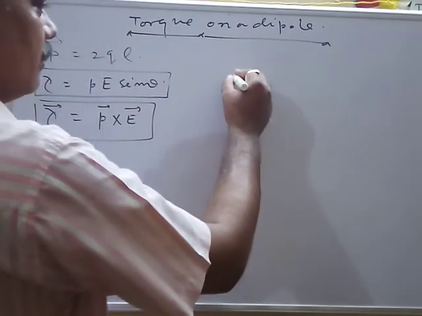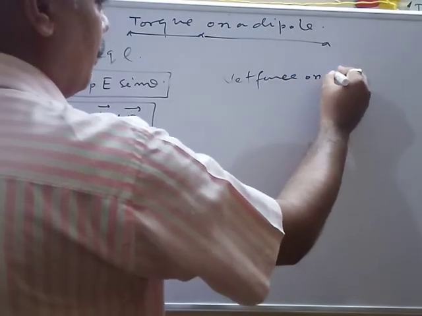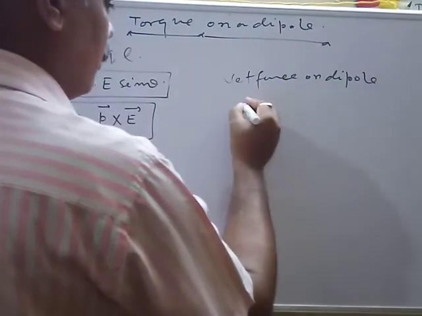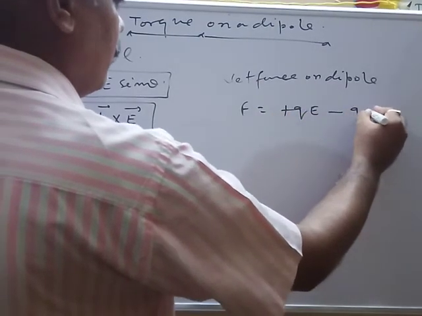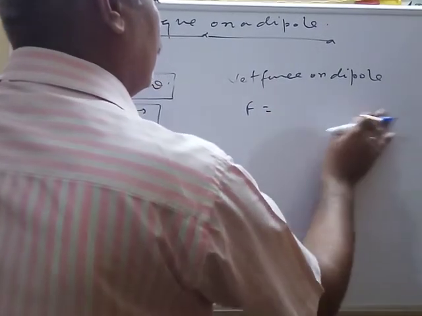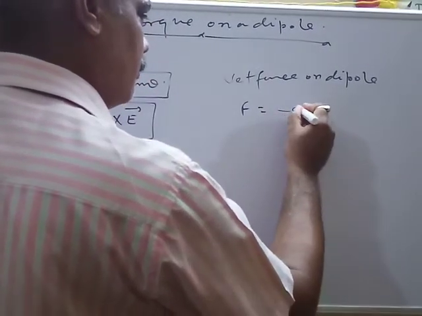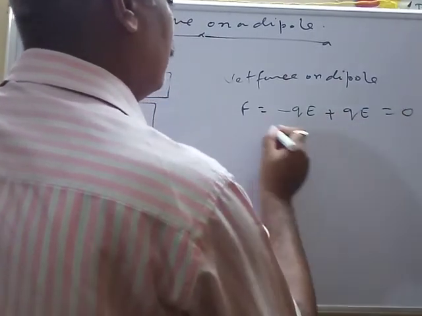Net force on dipole: F equals plus qE minus qE, or it may be written as first force minus qE plus qE, equal to 0.